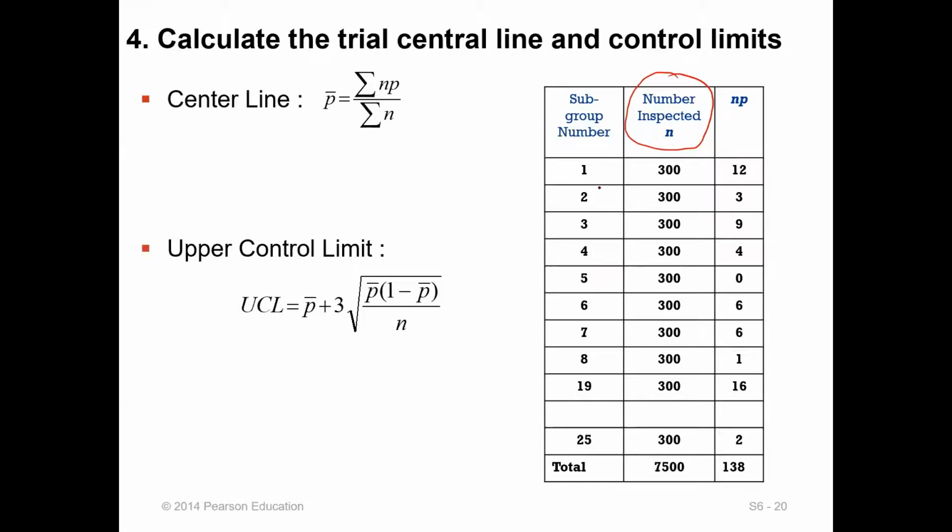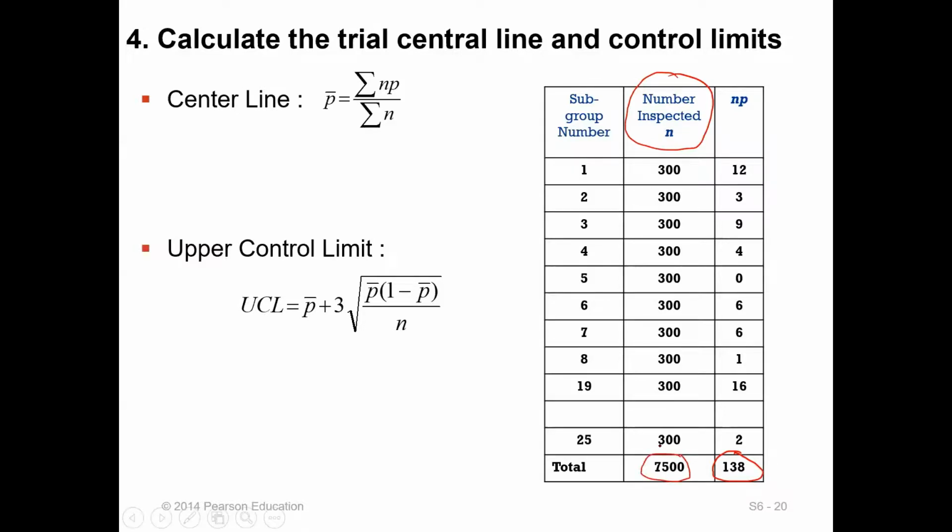Bear in mind the actual data is from 1 to 25, but I don't show every single number here because this is an example. NP is the total number of defective items, in this case 138. n is the total number of samples inspected, 25 times 300, which is 7,500.